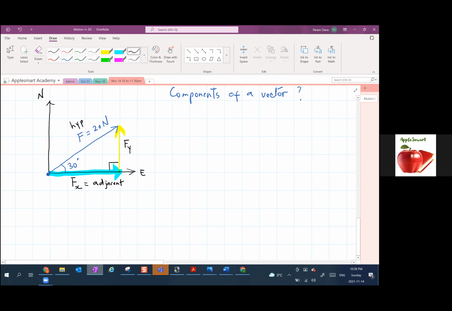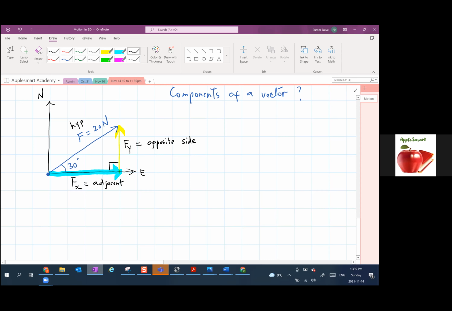Have you learned how to name the three sides of a right triangle? Yes, okay. And so Fy over here is called the opposite side to the 30 degrees.